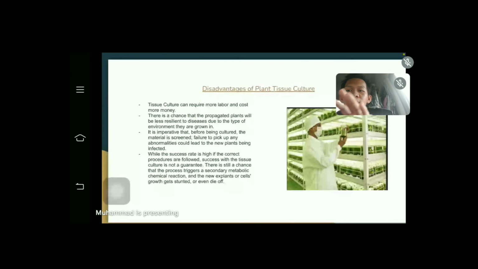Next, the disadvantages of plant tissue culture. Tissue culture can require more labor and cost more money. There is a chance that the propagated plants will be less resilient to disease due to the type of environment they are growing in.